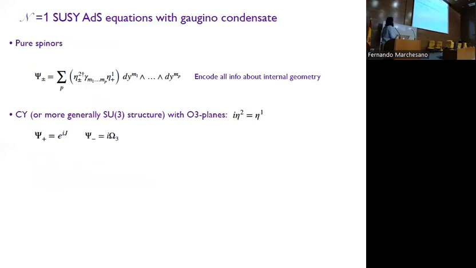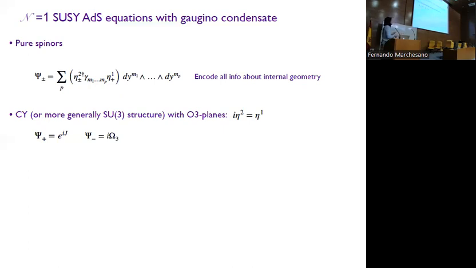So these bilinears of the spinors. The simplest case is where the two spinors are parallel, eta 1 and eta 2, and it depends on the phase. First, if you do compactifications on Calabi-Yau, there's only a single globally defined spinor, which on top is covariantly constant.